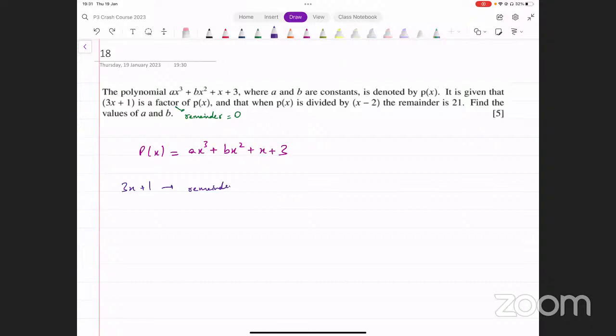That's one piece of information that we're given. And then we're also given that when p of x is divided by x minus 2, the remainder turns out to be 21.